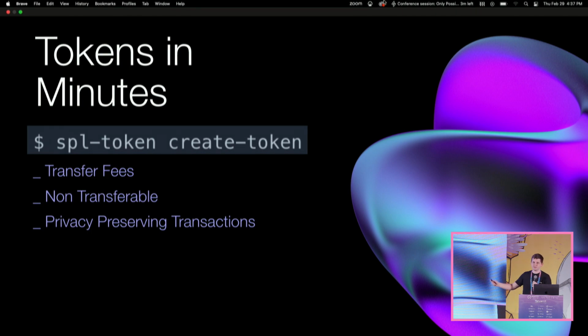You can make privacy-preserving transactions where the amount being transferred is kept private, with a single transaction while you create your token. It's very simple to add those just like Legos onto your token without having to think, how can I build this custom logic, or worry about having to go build a smart contract and deploy it on chain. It's actually already built there for you.